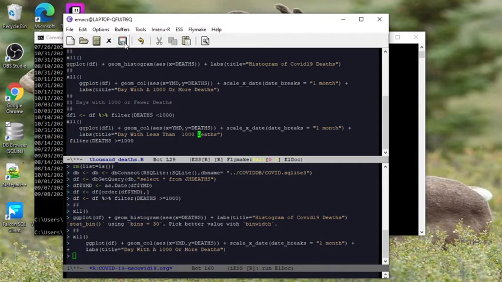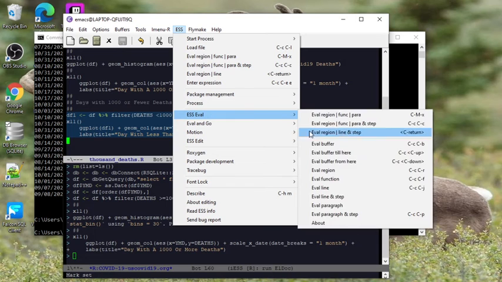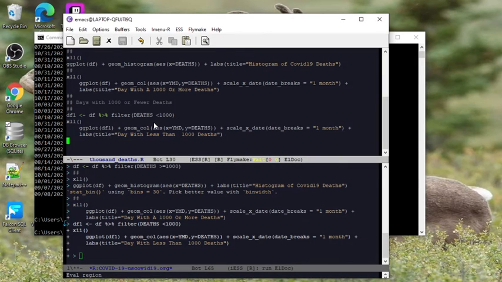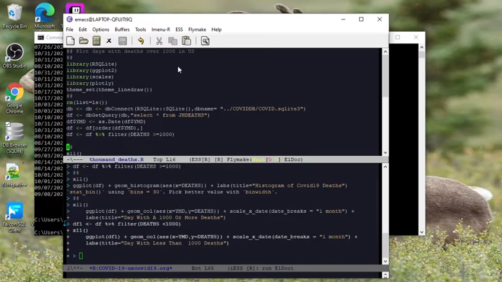Now let's run this to see what we get down here. We don't need that. Now we're probably going to see a lot of days in the 8 to 900 range. Even that could be interesting. Oh, I know what the trouble is. I actually filtered that down here.